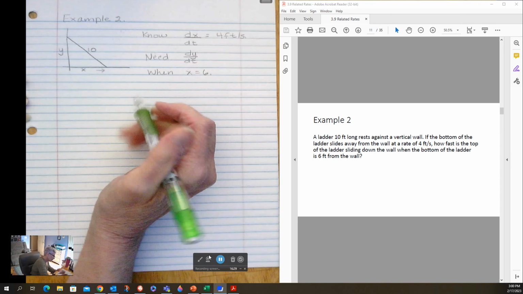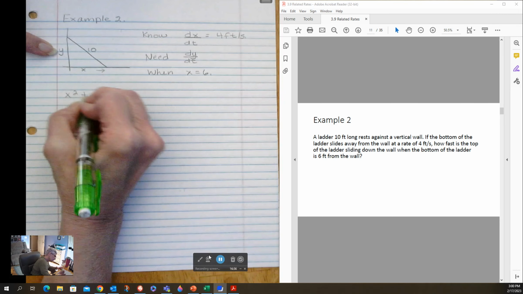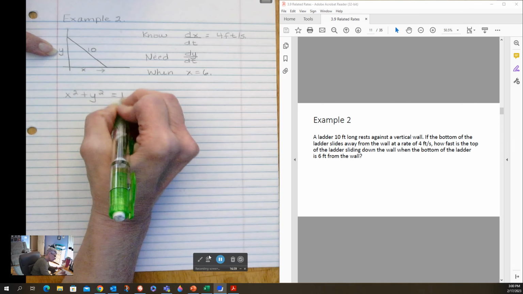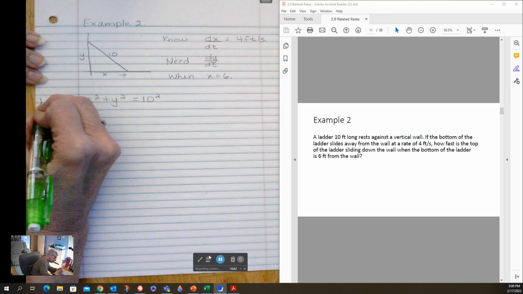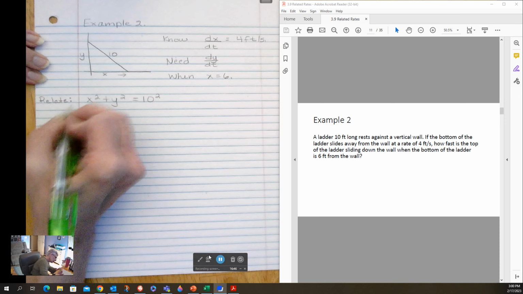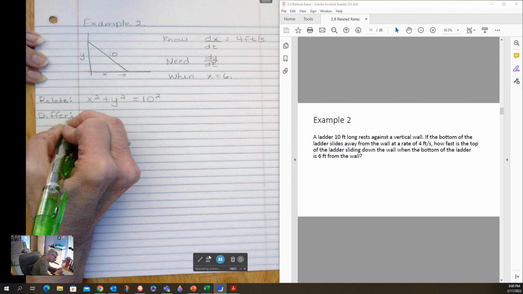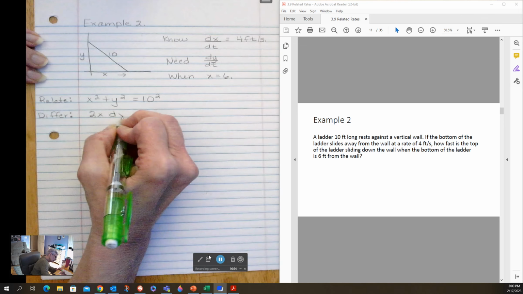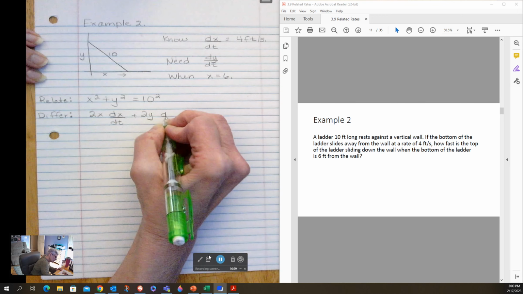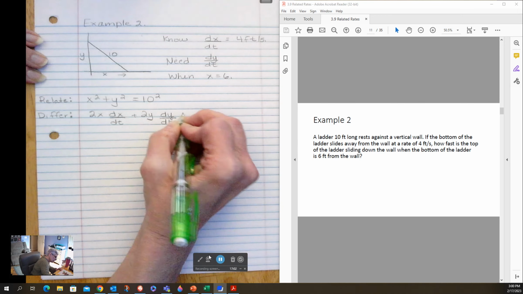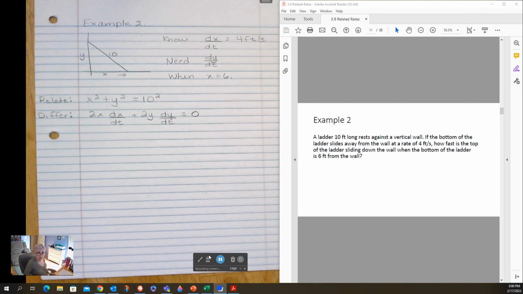So let's relate. This is a right triangle. x squared plus y squared equals 10 squared. So I'll label it relate. Now let's differentiate. 2x dx/dt plus 2y dy/dt is equal to, the derivative of a constant is 0.